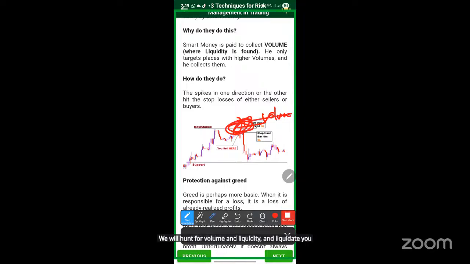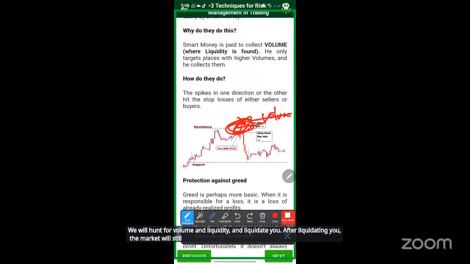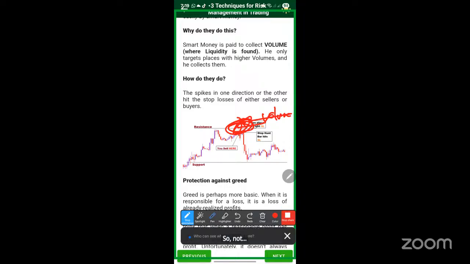After hitting your stop loss, the market will still go in your favor. Most of the people place their stop losses just above the area of interest, just above their resistance or just below their support area. You understand?